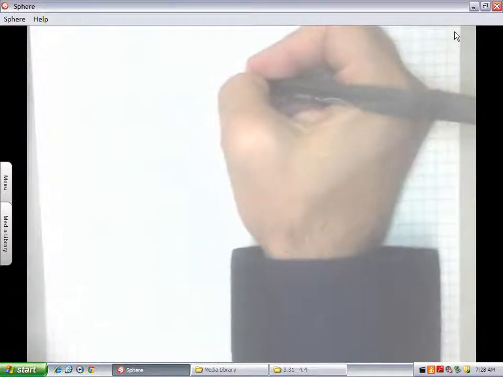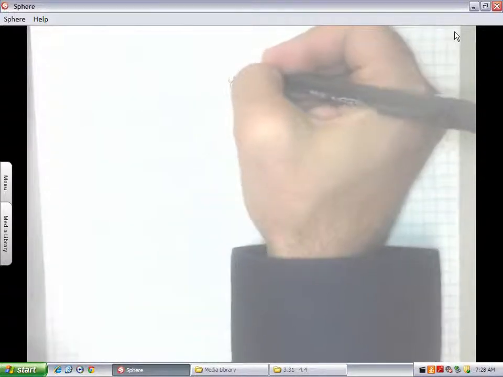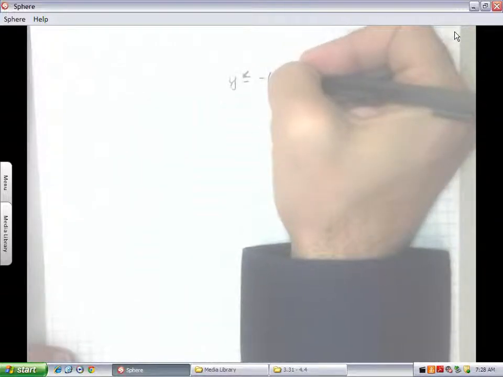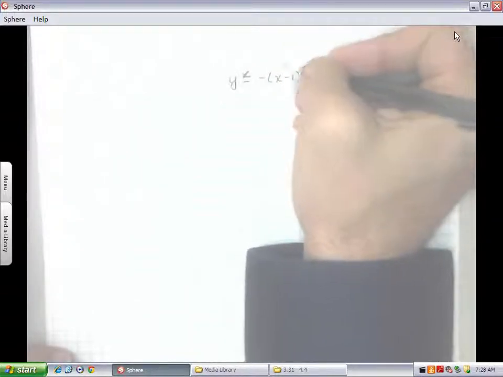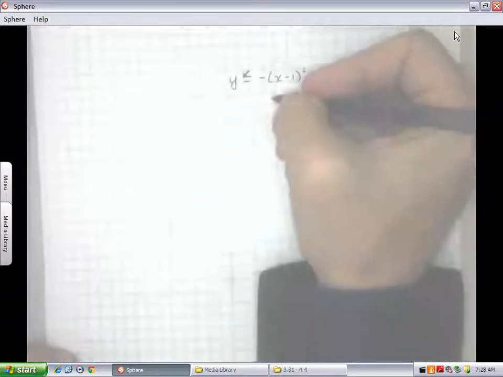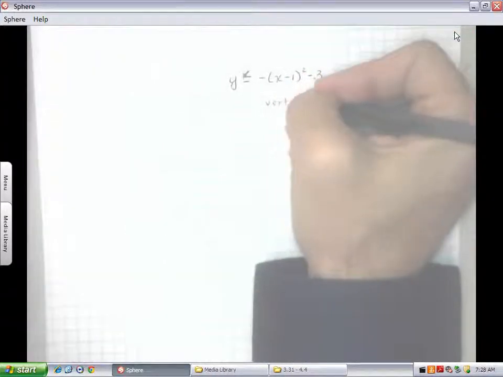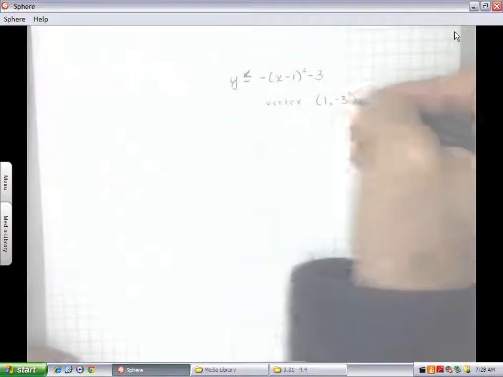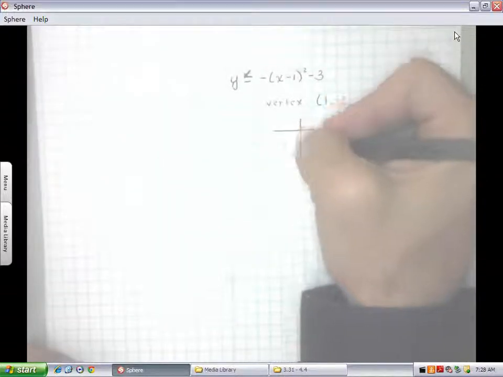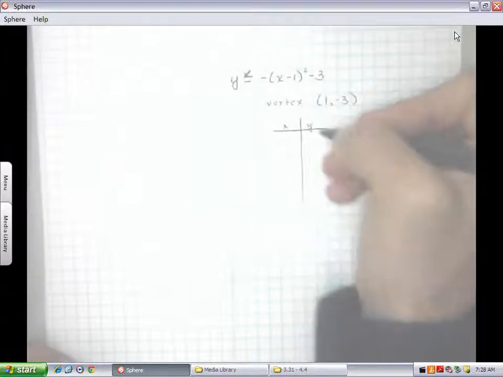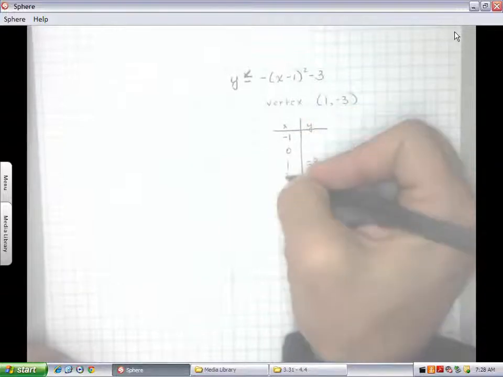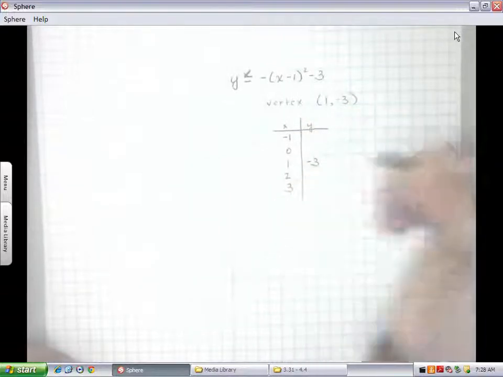Let's try that again. This time with an equation that is in vertex form. So I know my vertex is 1, negative 3. So I can make my table. I can put my vertex at the center and choose my other x's and plug them in.